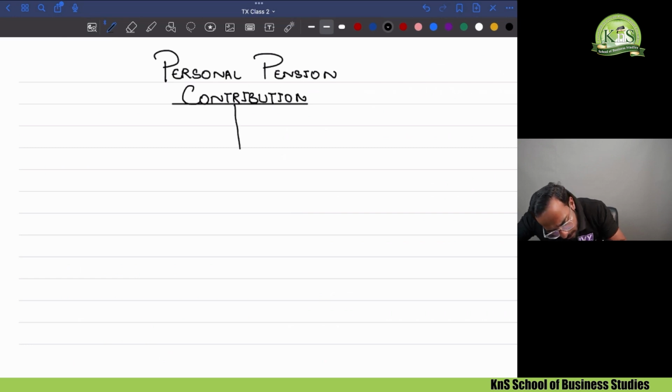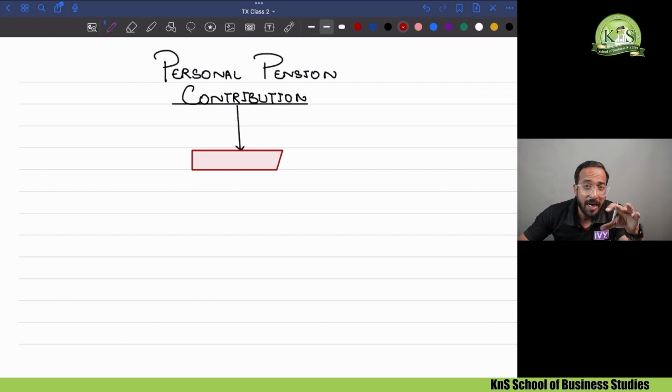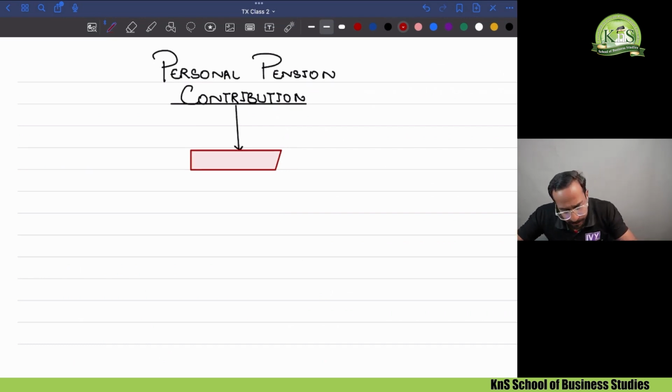It is also a fund, like occupational pension contribution. But this fund is not created at the job place. This fund is created by financial institutions, which are backed by HMRC, and HMRC encourages these kinds of institutes. Right? So in that, again, 2 parties contribute.